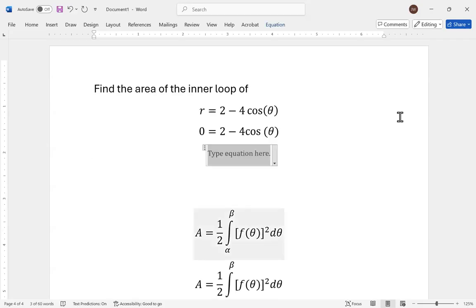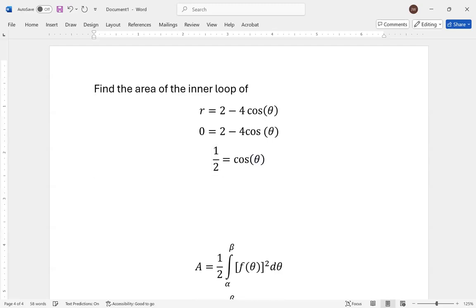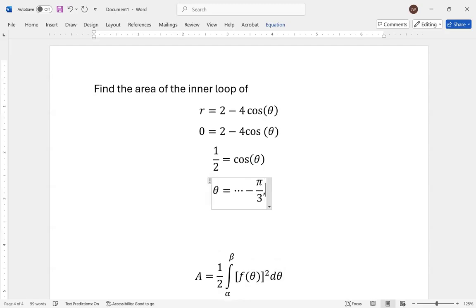I would have said, when does cosine equal positive 1/2? On the unit circle, that means theta is equal to, well, you guessed it, negative pi over 3 up to positive pi over 3.